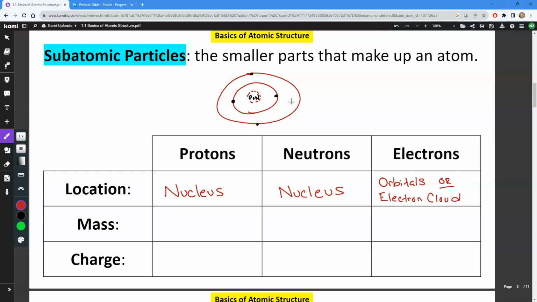All right. So the mass of a proton is 1 AMU. The mass of a neutron is also 1 AMU.